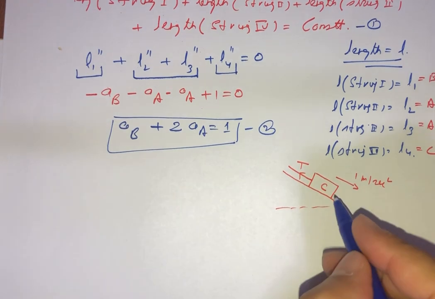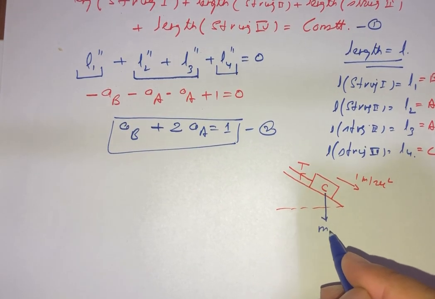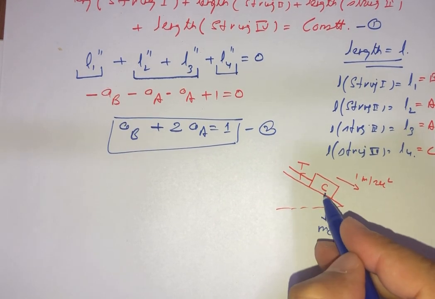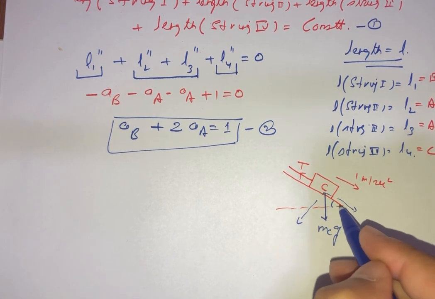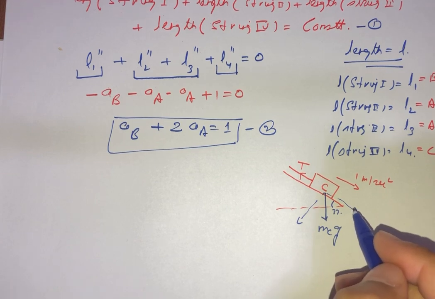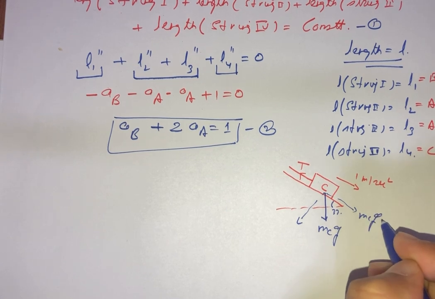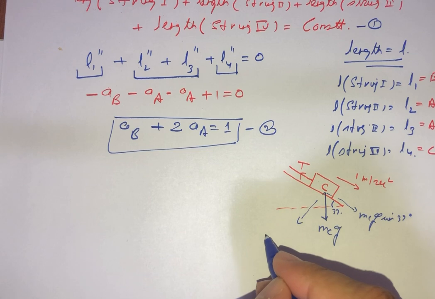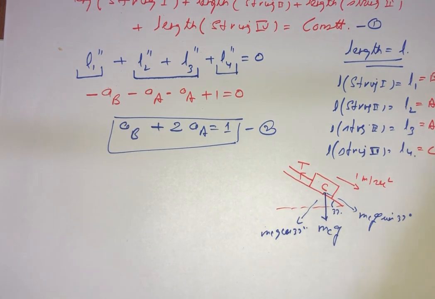So we have mCg in the downward direction, which can be divided into two components. This angle is given as 37, so we have mCg sine 37 and mCg cos 37.